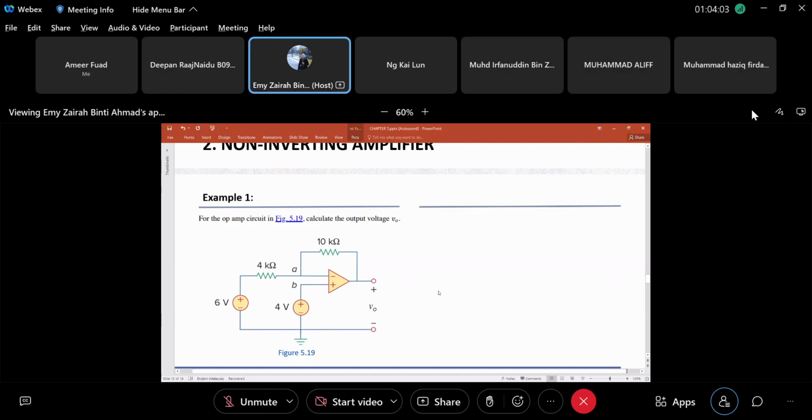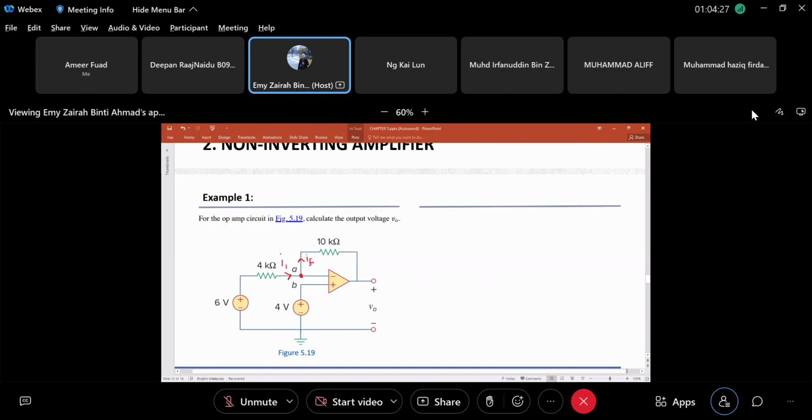Like what we did before, we apply KCL. So what is the KCL here? The current flowing through here, let's say I call it I1. This one I call IF, because I regard this as the feedback loop, so it will be the feedback current.